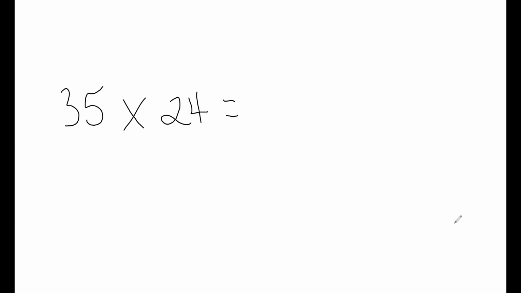So is this an area question or perimeter question? Area, right? So the total that you have to cover is 840 square feet because you're multiplying. You're not thinking of just doing like a gate or a fence or a trim, a border. You're really talking about the whole area.